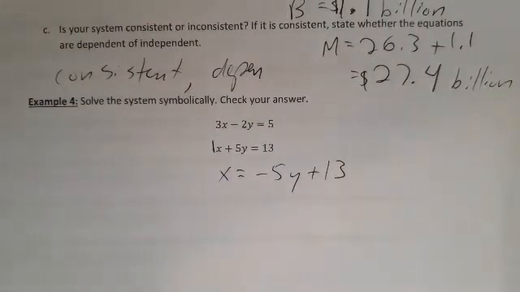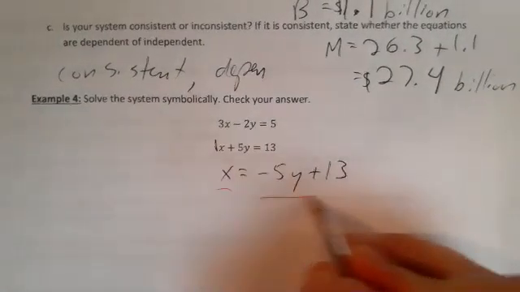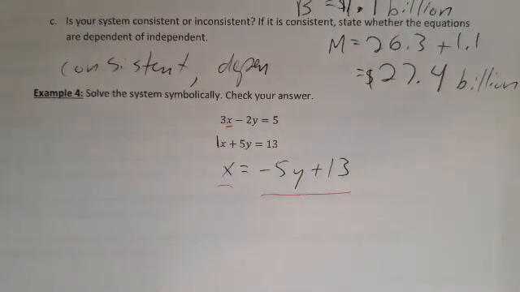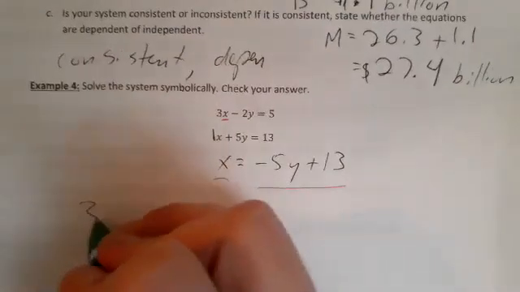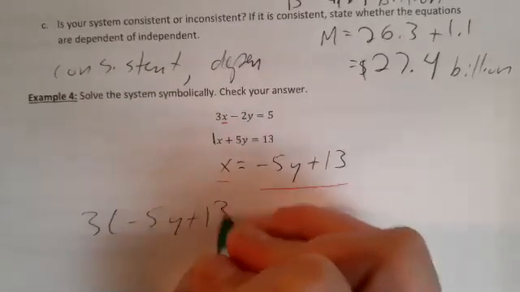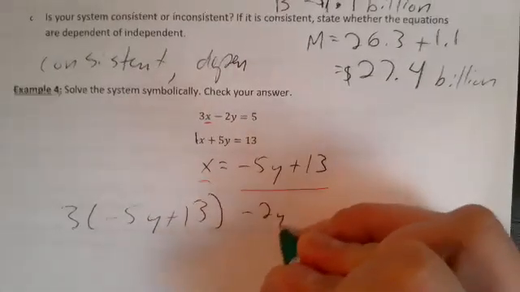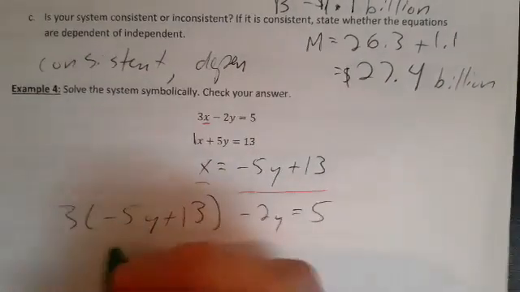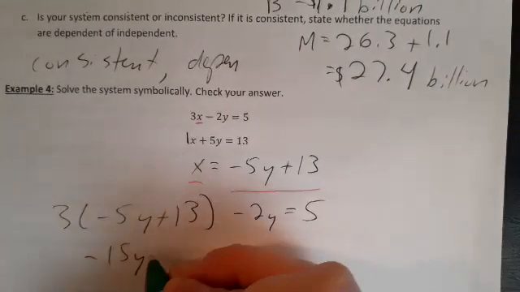And so now we're ready for a substitution step. This says x is this thing. Everywhere that there's an x here, I want to plug that thing in. So this should look like 3 times minus 5y plus 13 minus 2y equals 5. When I do the substitution step, you might notice I'm down to one variable.